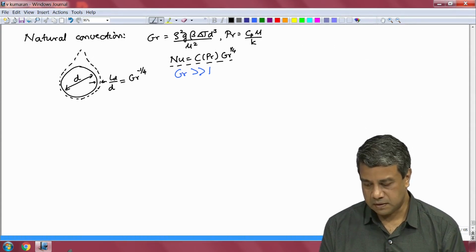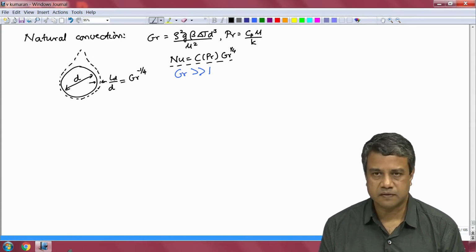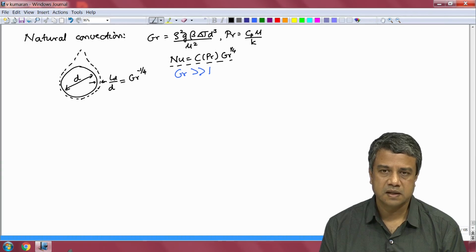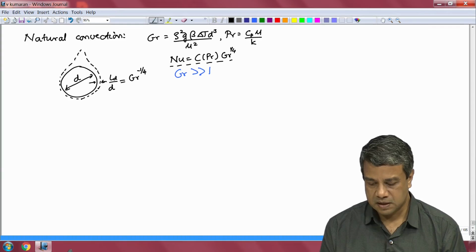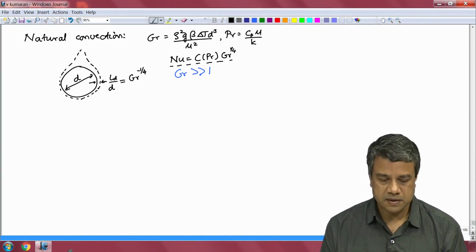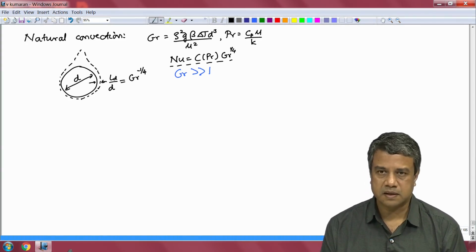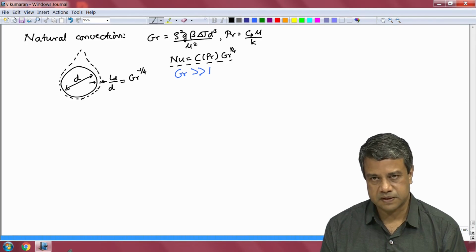If you recall, when we did dimensional analysis, we found that the Grashof number goes as in the range 10 power 4 to 10 power 9 or so, under normal circumstances. And in those cases, the temperature disturbance is always limited to a thin region close to the surface.